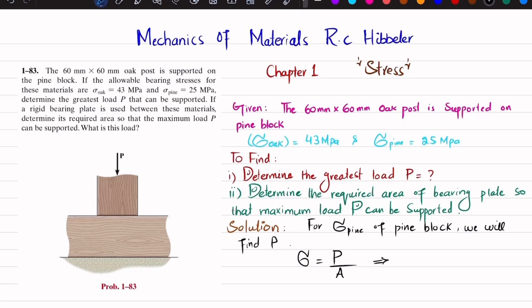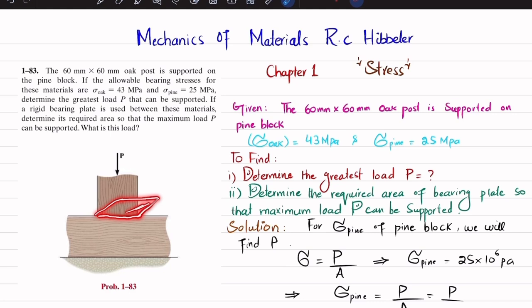For this pine block, the allowable stress is 25 megapascal, so 25 into 10 to the power 6 Pascal. So this pine allowable bearing stress will be equal to load divided by bearing area. Clear? The load is not available, and you can see it is mentioned that this is 60 by 60 millimeters. So this is 60 and this width is also 60. So this will be the bearing area.